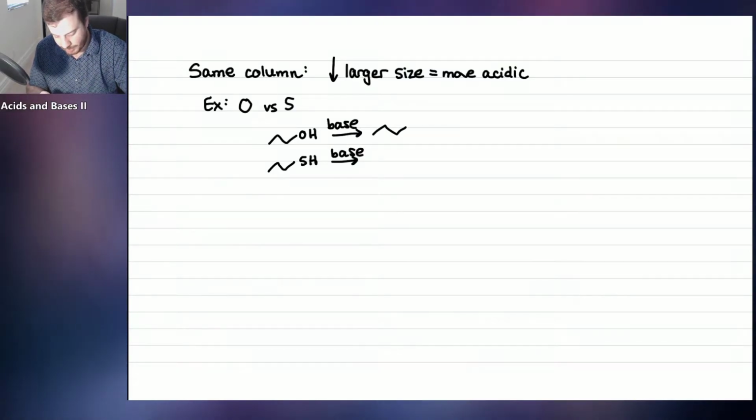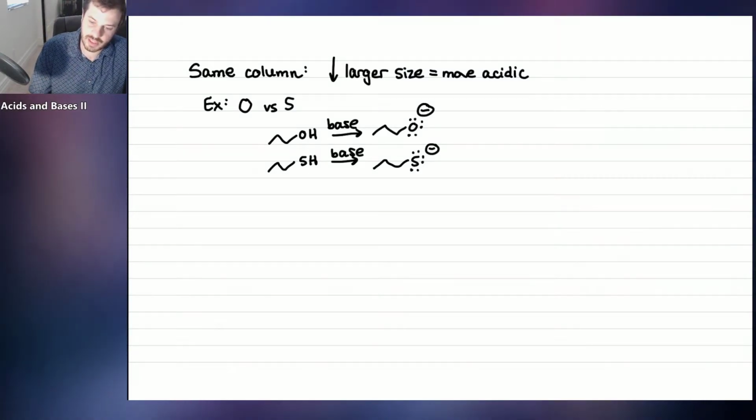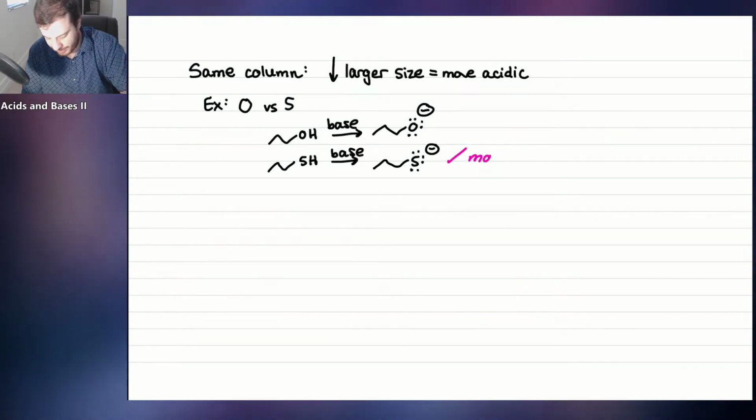And we're going to end up with the propoxide anion and the sulfide anion. And since sulfur is lower than oxygen, it's larger than oxygen, and therefore it is a more stable conjugate base. And therefore it's a stronger acid.